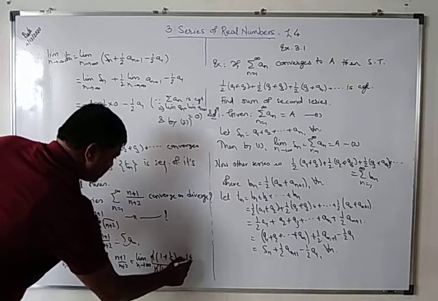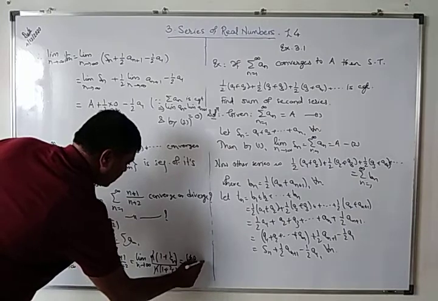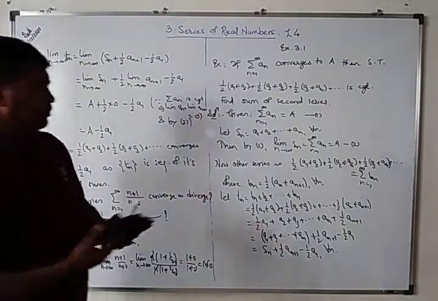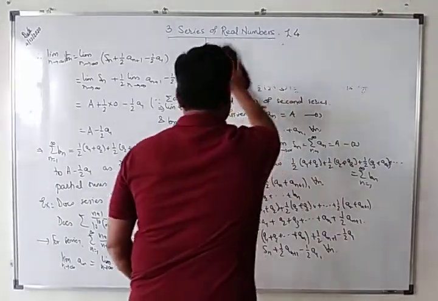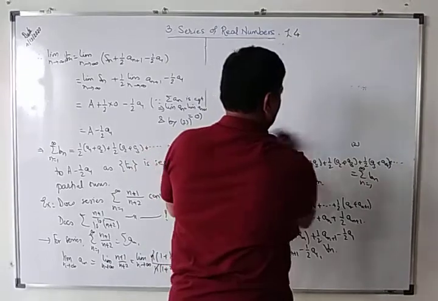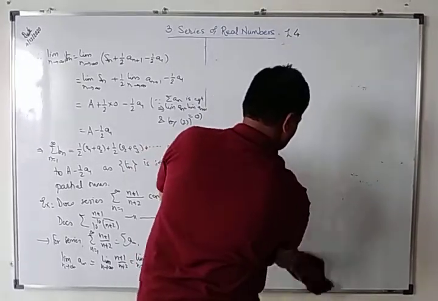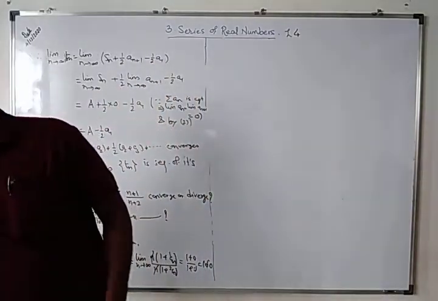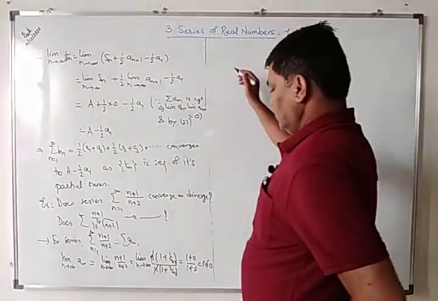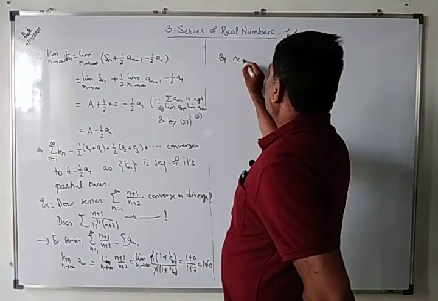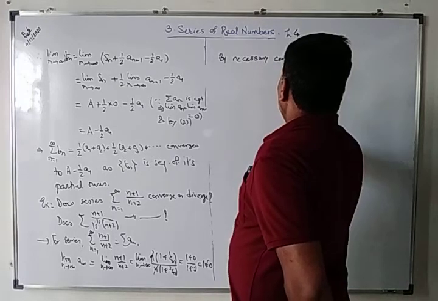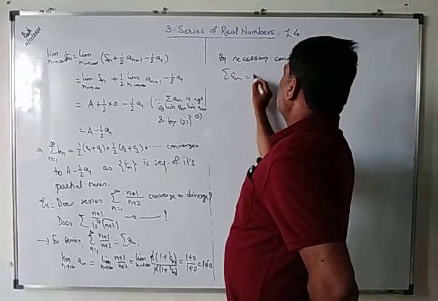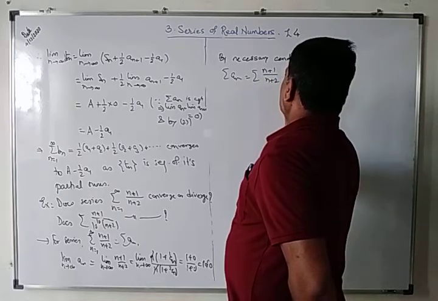This n gets cancelled, we get (1 plus 0) upon (1 plus 0), which is equal to 1, not equal to 0, and therefore by the necessary condition for convergent series, this series is divergent.